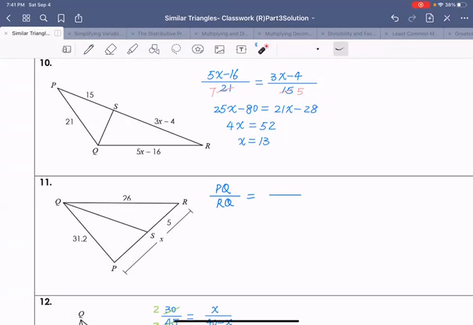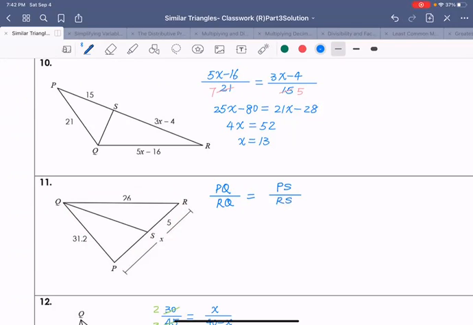Hold on. PQ, the bottom one over the top one will correspond to this lower one with the upper one. We want to be in the same order, okay? So if you put PQ on the top, you will put PS on the top. If you put RQ on the bottom, SR on the bottom.